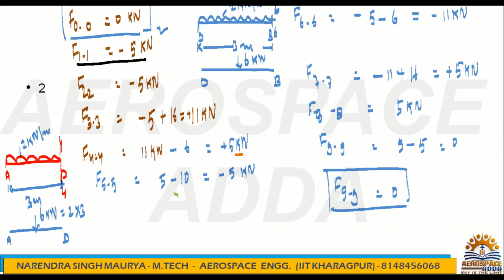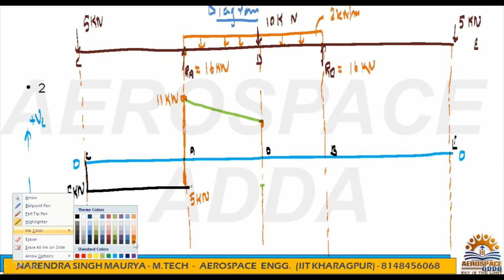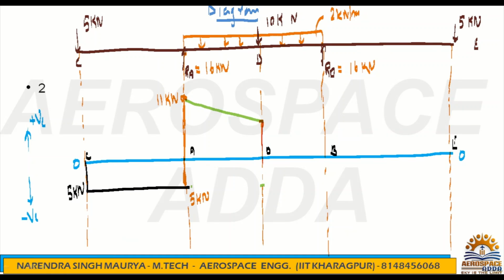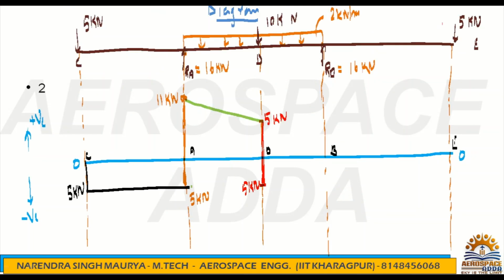It becomes minus 5 kilonewton, meaning again it becomes negative. So this is 5 kilonewton. The same here also, you can bring this line and equate it to this line. So this is again 5 kilonewton plus, again this becomes 5 kilonewton negative. Now 6-6 again becomes 11 kilonewton negative. So 6-6 will be here somewhere. This is the 6-6.